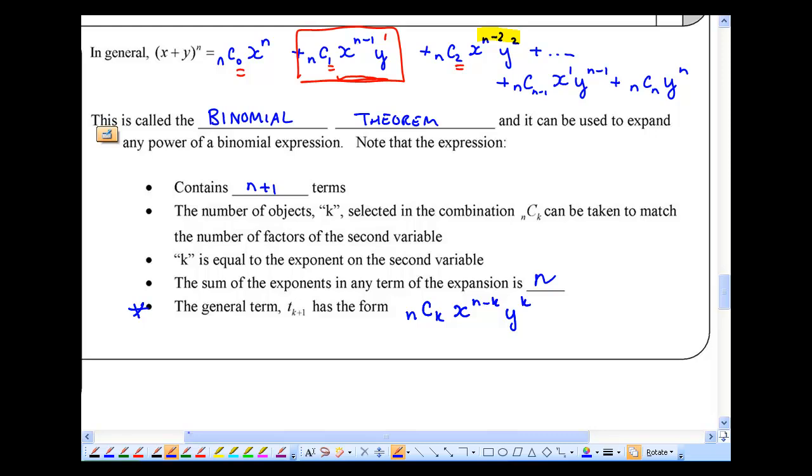Now be careful. You see how the general term is t sub k plus 1? So let me just try to illustrate this for you, alright? If I want the third term, that is equivalent to t sub 3. Now in this format of k plus 1, that means, therefore, k plus 1 is equal to 3.